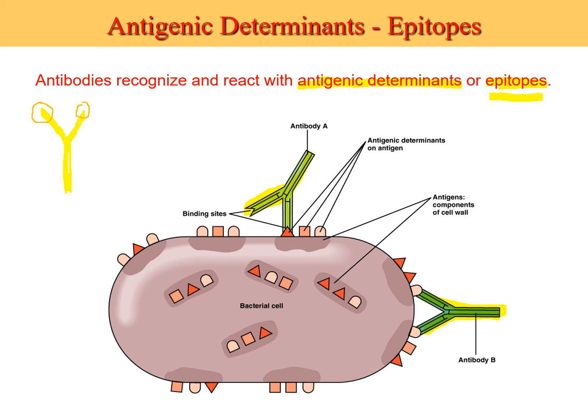Okay, and that's shown here where this antibody is binding to that particular antigen or antigenic determinant, or better, the best name is actually epitope. And here this is a different antibody molecule. Antibody molecules in general have 2 binding sites, so here it's showing both of them binding to the exact same target antigen, right?